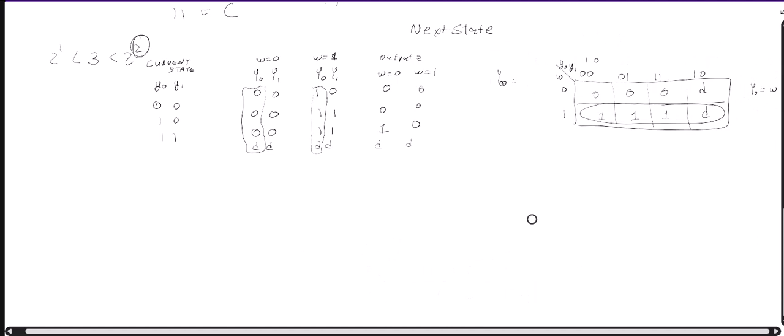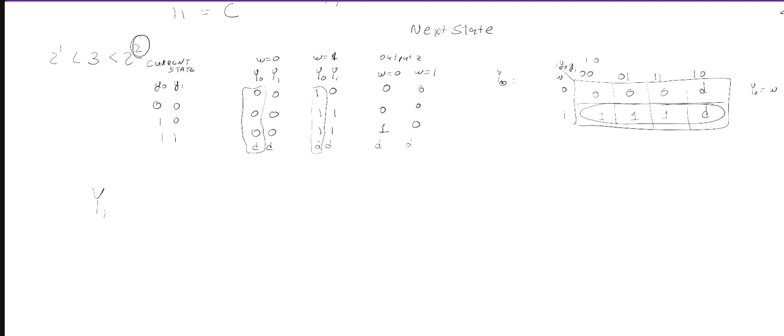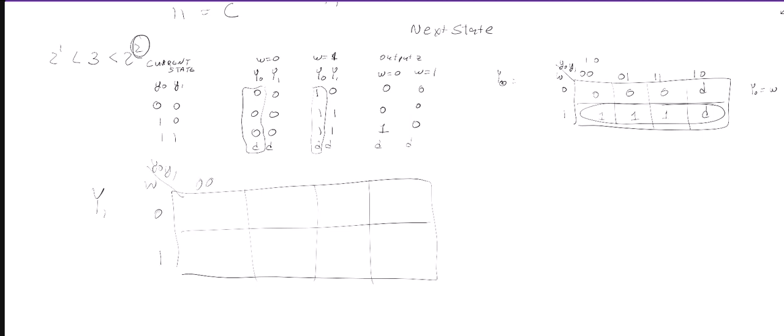Okay, now let's do Y1. For Y1, I also have don't cares for 1,0.